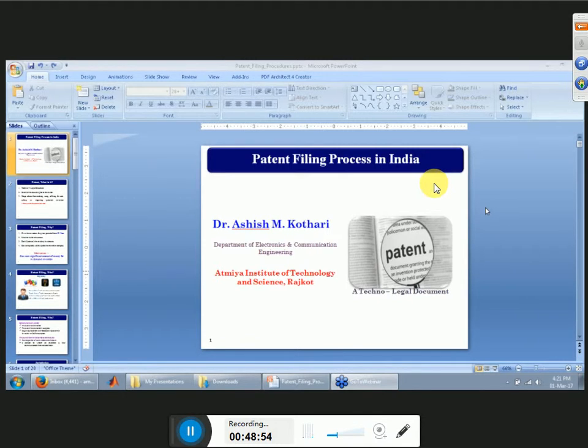So far as fees are concerned, a natural person has fewer fees. In our Atmiya Institute, all the patent application fees are paid by the management, but on the applicant side, Atmiya does not appear.